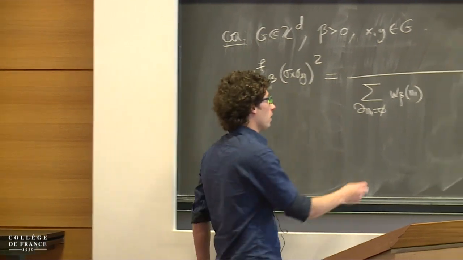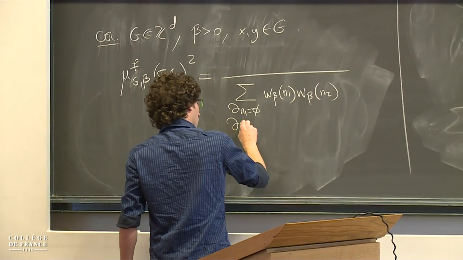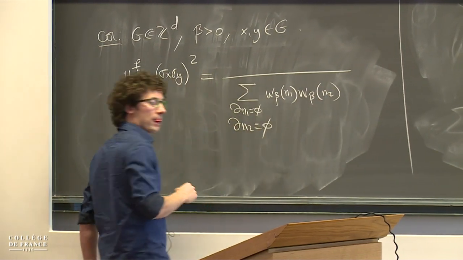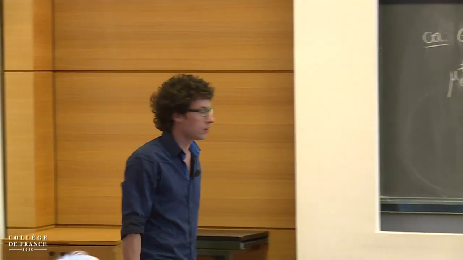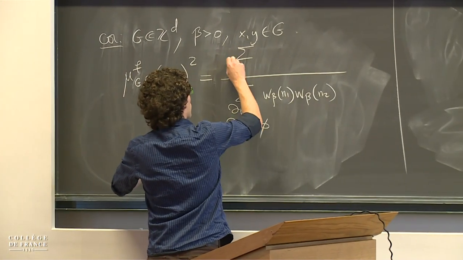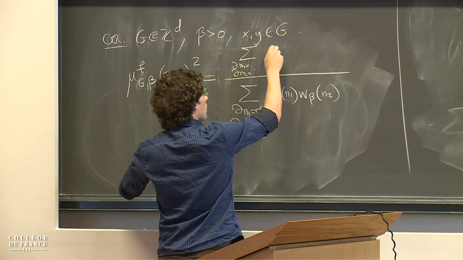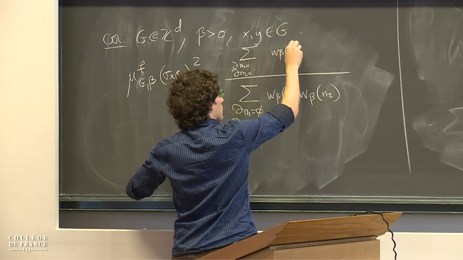And since it's squared, you can look at it like that: this is the denominator in the fraction, right? On the top, I could do the same thing with n1 equal xy and n2 equal xy, and do this thing.